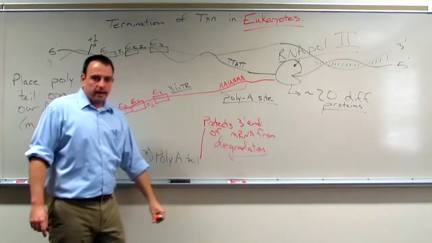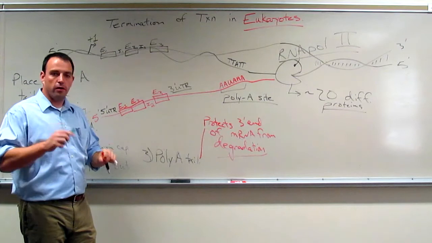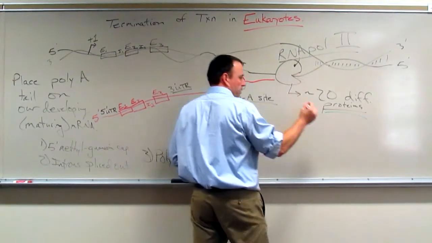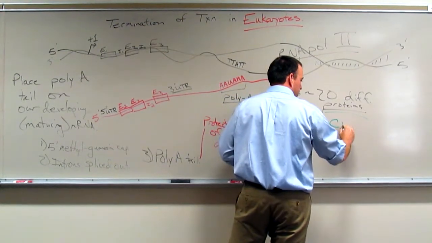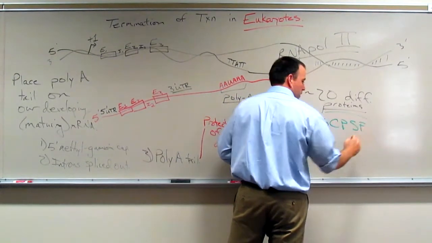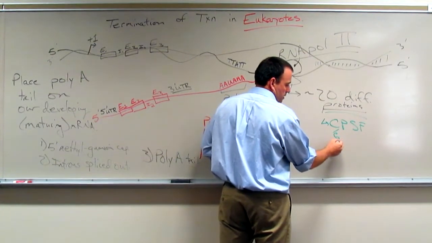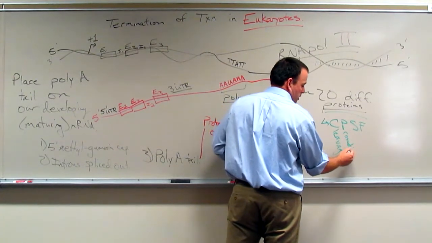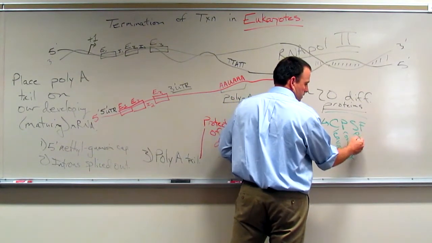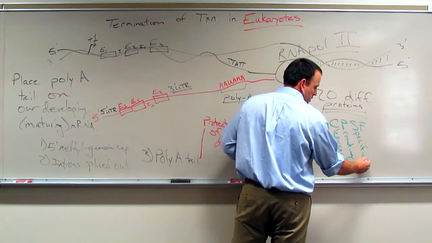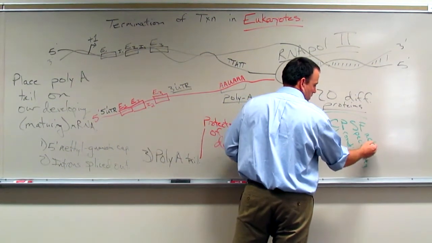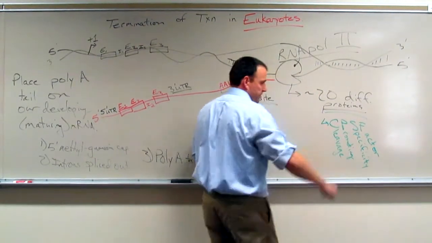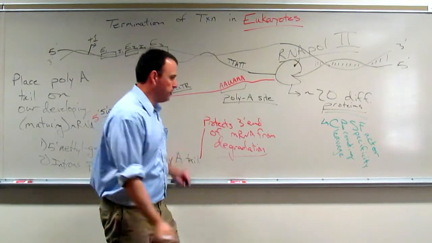But it hits a poly-A site. What happens at the poly-A site? Well, one of these 20 proteins in the RNA polymerase is called CPSF. That stands for cleavage promoting specificity factor. So we're going to promote cleavage of the mRNA in a specific place. Okay? So CPSF is a protein.